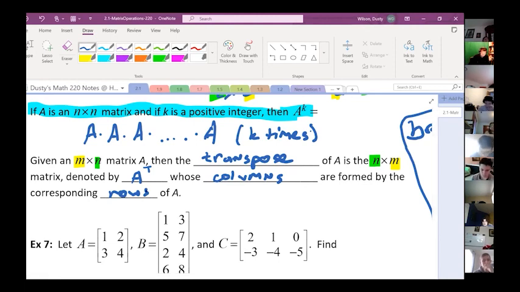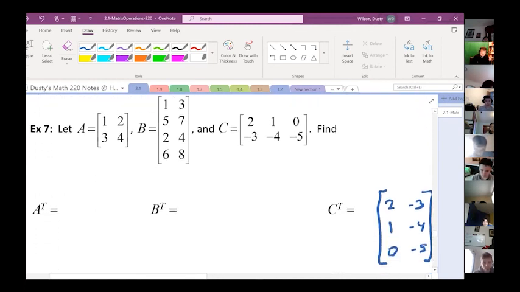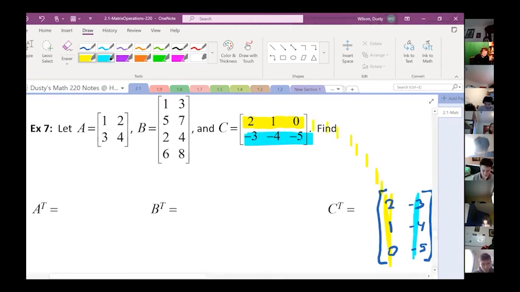So there's a couple of different examples here, but let me just show you one of them. I think this is pretty straightforward. So if you're given this matrix C, notice that the first row of C becomes the first column of C transpose, and the second row of C becomes the second column of C transpose.